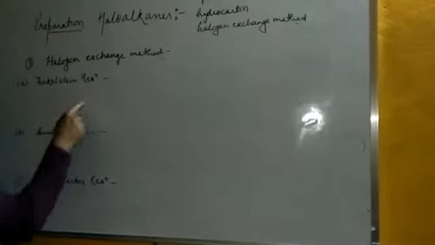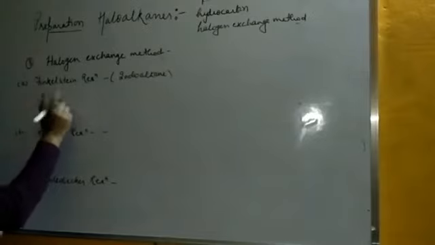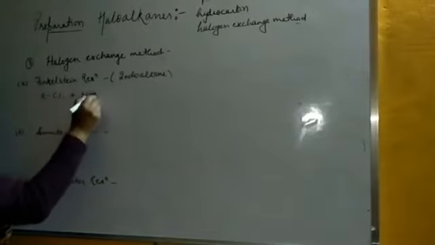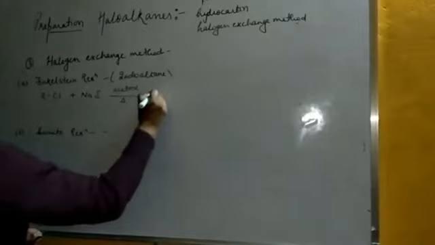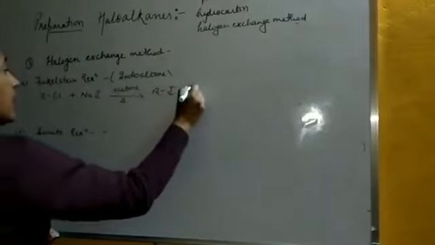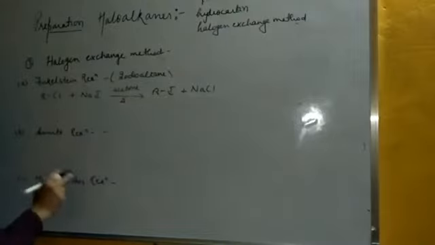In the Finkelstein reaction, which is the preparation of iodoalkane, let us have RCl, a haloalkane, reacted with sodium iodide dissolved in acetone. Heating is done, and we get RI and NaCl. So iodoalkane is formed by the Finkelstein reaction.